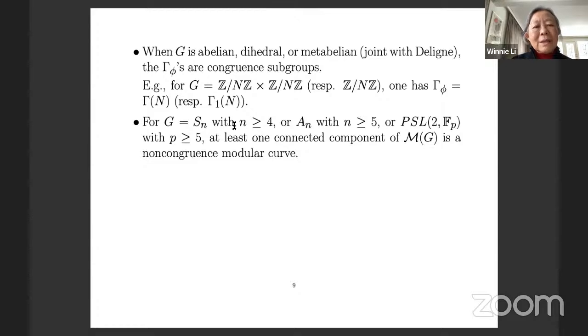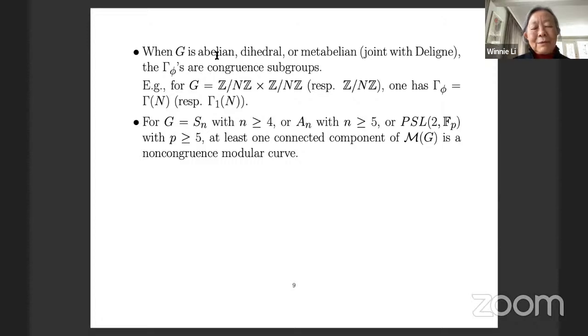Okay. So when G is abelian, for instance if G is two copies of Z mod nZ, then Y of gamma_phi is just Y of gamma(n). Or if it's one copy of Z mod nZ, then this group gamma_phi is gamma_1(n). Okay, so in these cases they are congruence subgroups, but there are also non-abelian G such that gamma_phi is a non-congruence subgroup.